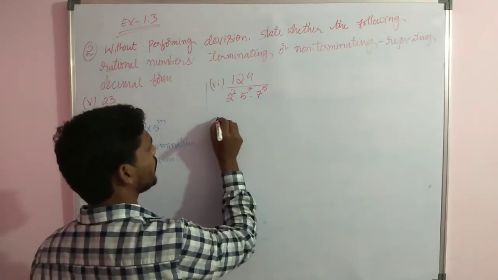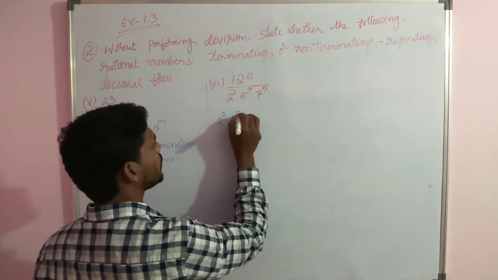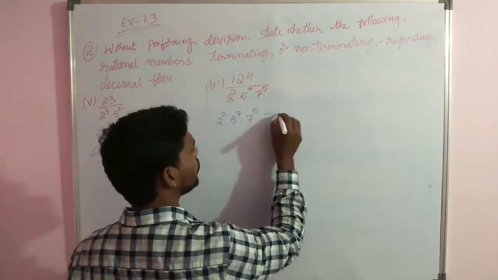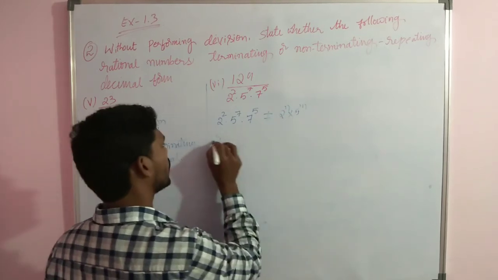So 2 power 2, 5 power 7, 7 power 5 is not equal to 2 power n, 5 power m.